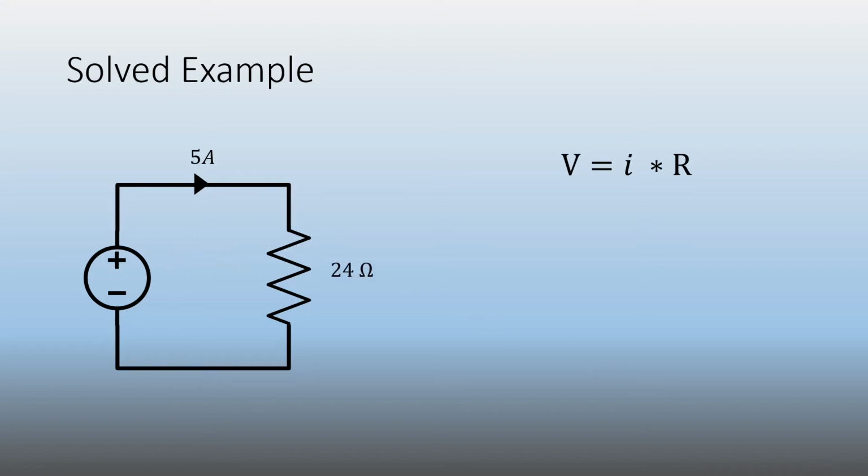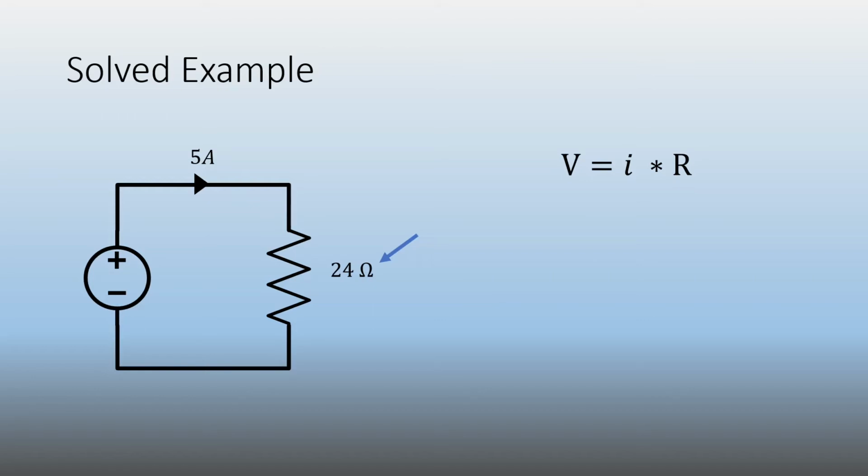The unit for resistance is the ohm. The ohm is labeled with the uppercase Greek letter omega. So depending on the type of circuit, there might be 50 ohms, 10 ohms, or 2 ohms of resistance. In this case, we were told there are 24 ohms worth of resistance in the circuit.